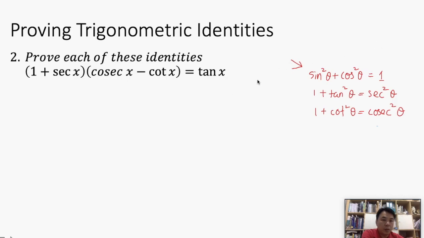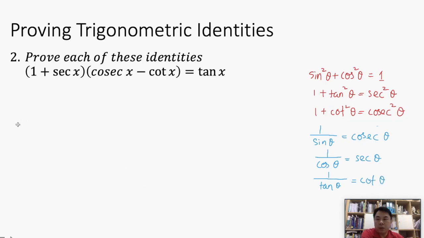Okay, there are our identities. I will try to rewrite the reciprocal ones one more time. Then we might have tangent sometime. Okay, now we are ready.